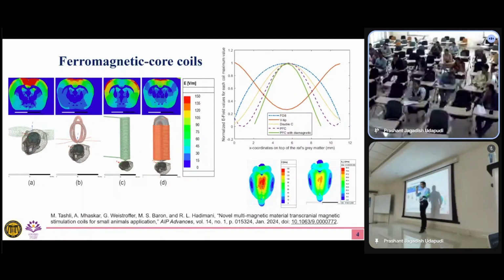And that focused field can stimulate either the hand, leg, or a finger. You can make it more focal than a single core. Okay? You can see here how we can make the field more focused. That's a simulation study. And then this is just the ferromagnetic material.